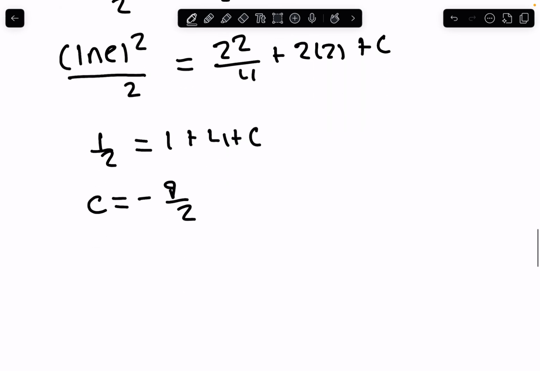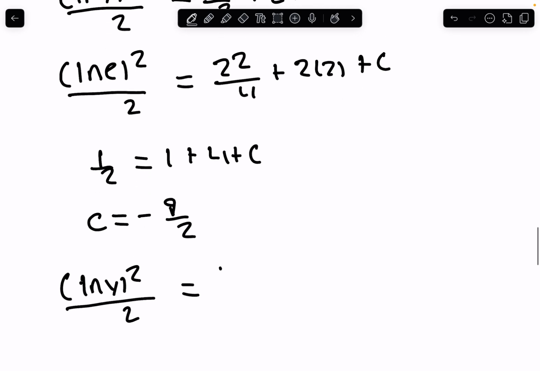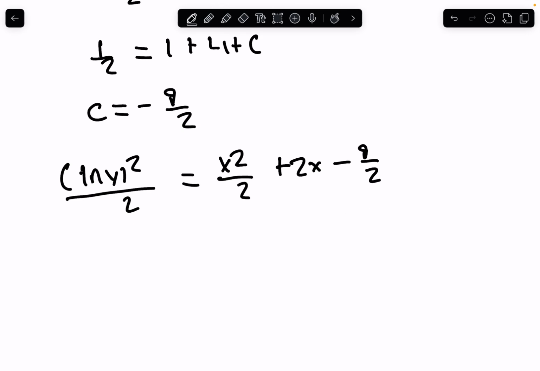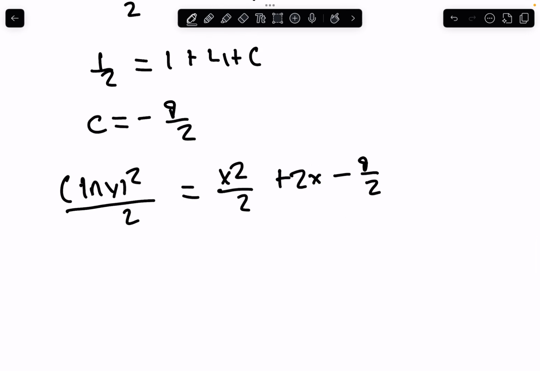Now back to the question. Now we know the value of c. We're going to write it back here: (ln y) squared over 2 equals x squared over 2 plus 2x minus 9 over 2. Now we want to rearrange for y, so we're just going to multiply through by 2 on both sides, so we get (ln y) squared equals x squared plus 4x minus 9.